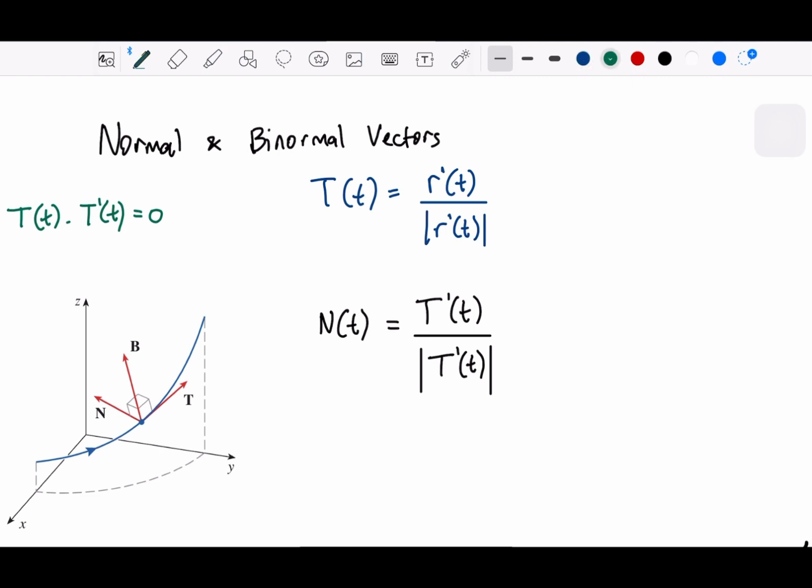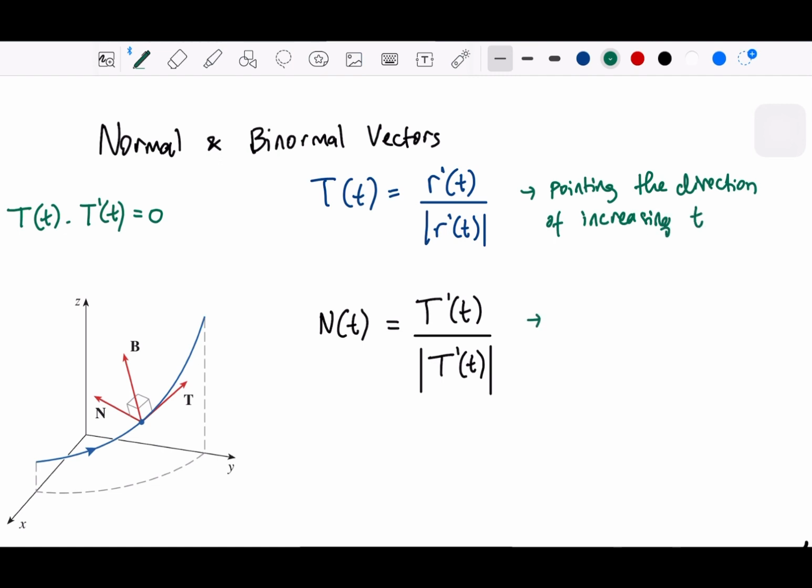If you remember the directions of these two vectors, this T is going to be pointing in the direction of increasing parameter t, right?